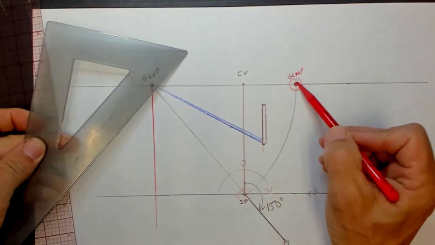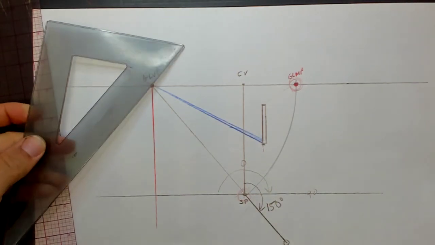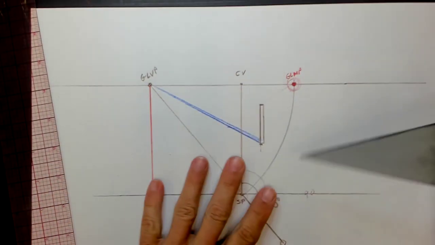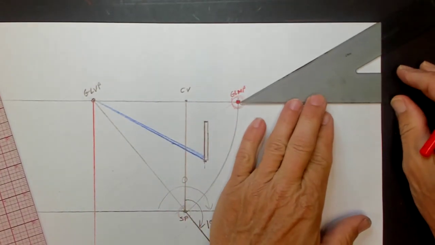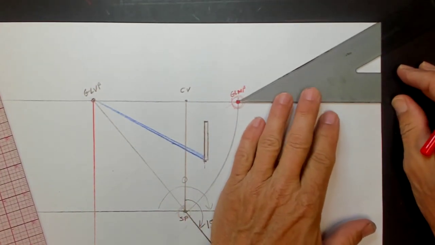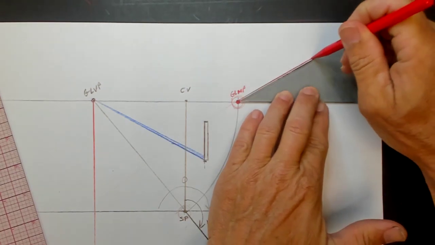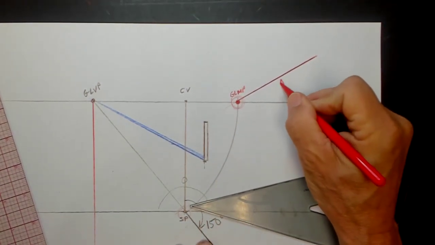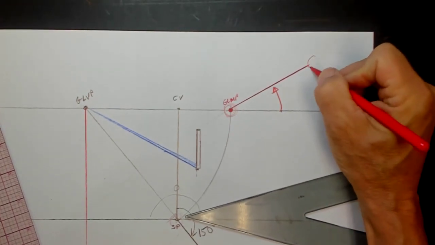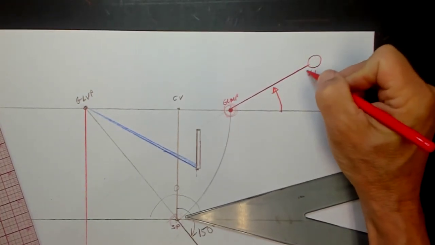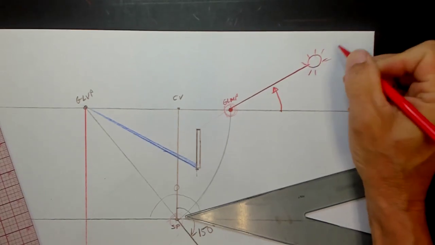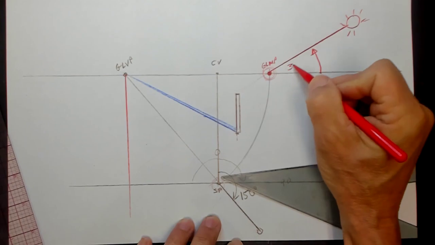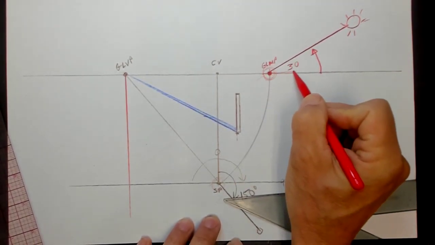So we are going down 30 degrees, which maybe seems weird, but this is how it works. Here is 30 degrees above the horizon line. This is the angle of the ray of light, the true angle of the ray of light in relationship to the ground plane.